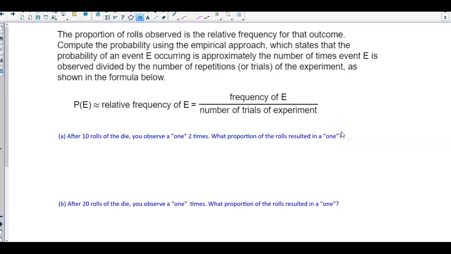Okay, so recall that we want to know, the event E is rolls resulting in a 1.